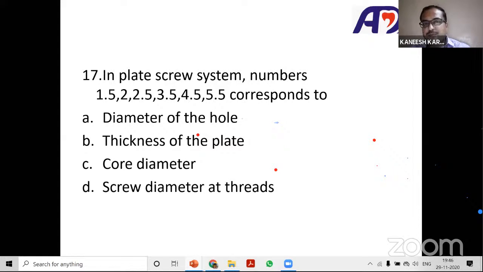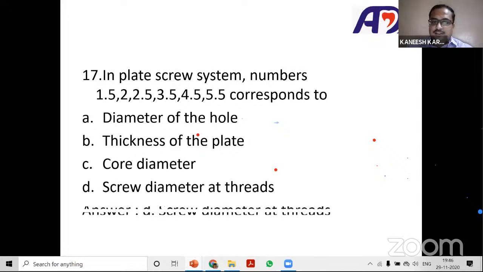In the plate screw system, the numbers 1.5 to 2.5, etc. correspond to what? Even before reading this, I was also thinking the same. I can see multiple responses. The answer is screw diameter at threads.